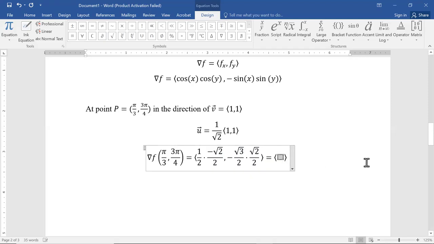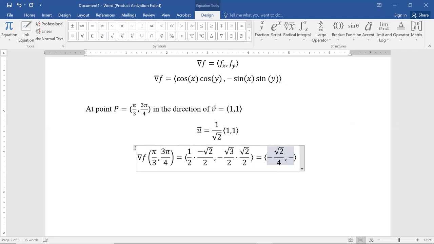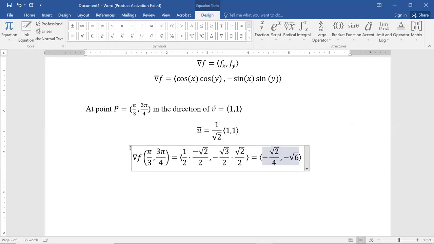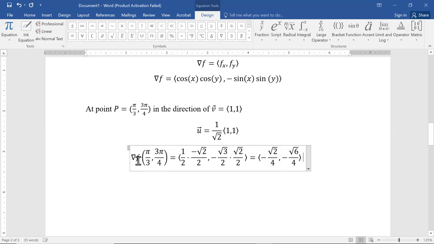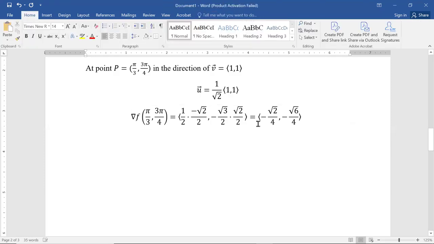That's going to be negative square root of 2 divided by 4, comma, negative square root of 6 divided by 4. So that is my gradient at that point.